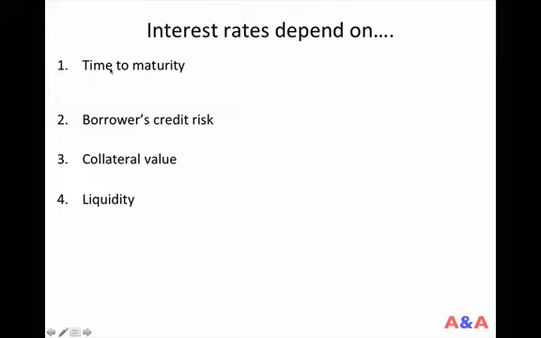For time to maturity, imagine you lend £1,000 to Tom and Bob. And suppose Tom and Bob are twin brothers, so they have similar risk characteristics. But suppose Tom wants to borrow only for 1 year, while Bob wants to borrow for 3 years. When the time to maturity differs, it totally makes sense to charge different interest rates.